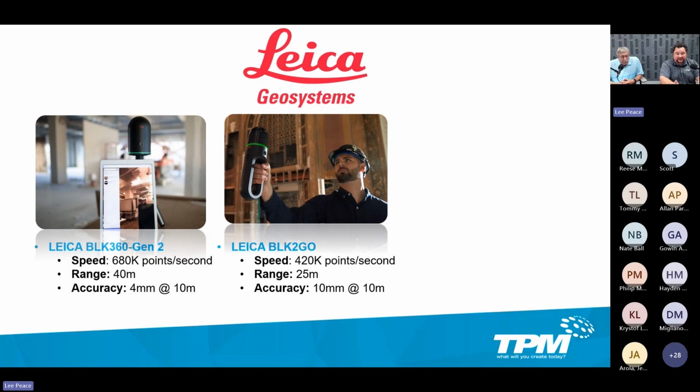So you don't have to set this one up on a tripod. It's literally you with the BLK2GO walking around collecting data. We use that a lot in areas where they have a lot of small rooms that would take a while to get in and out of with a terrestrial scanner. Office environments, small areas, it's great for.